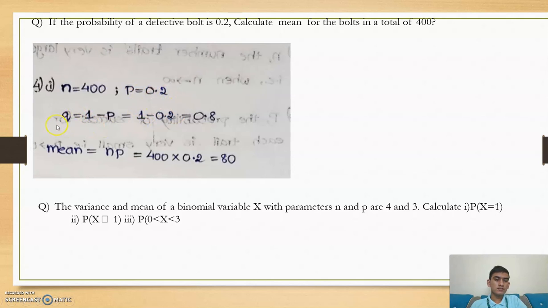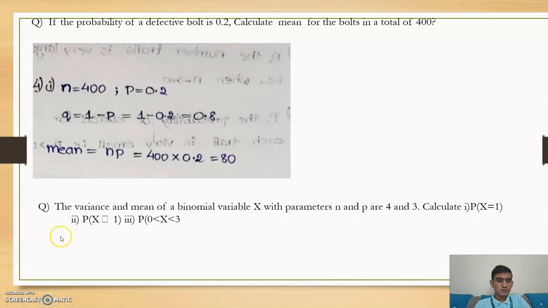We find q: 1 minus p is equal to 1 minus 0.2 is equal to 0.8. The formula of the mean is np. np is equal to 400 into 0.2 is equal to 80. So the mean is 80.